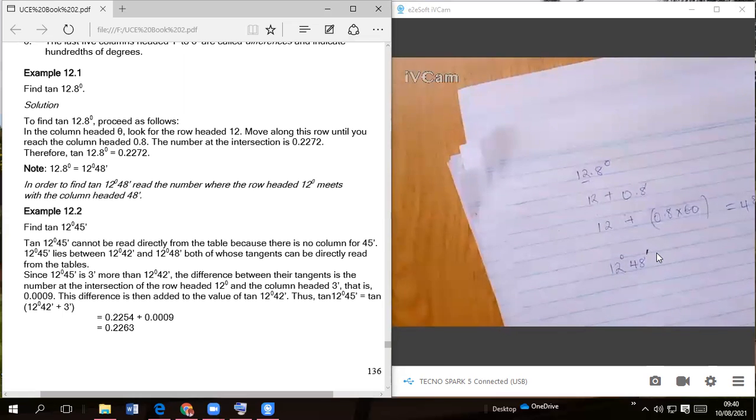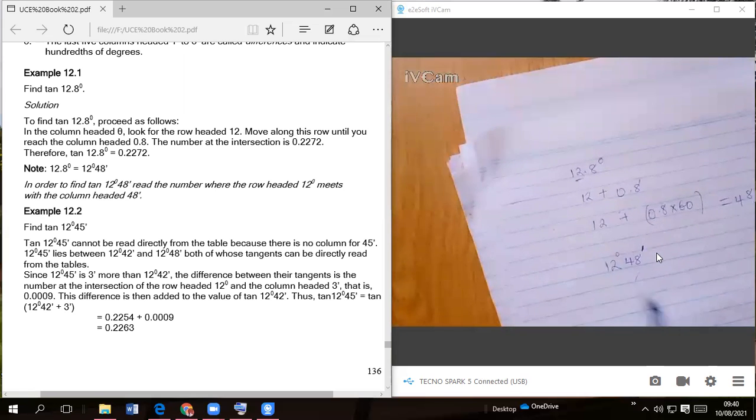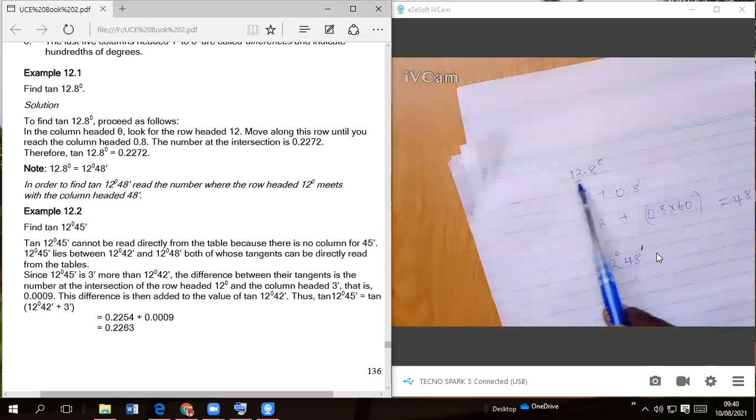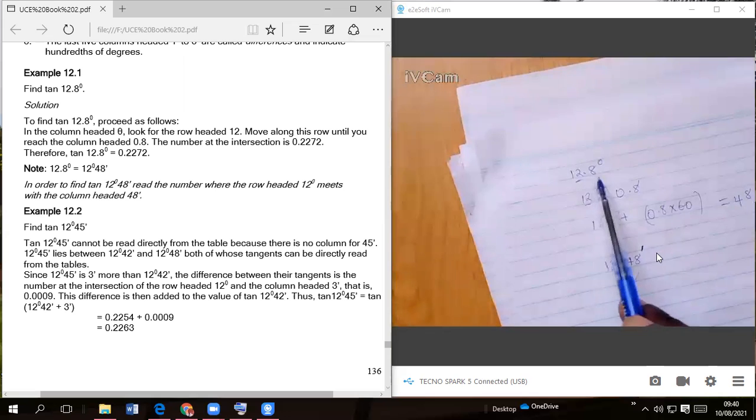Let me repeat that one for you. We want to change 12.8 to degrees and minutes. What we do is we separate the whole number alone, also the decimal alone. So 12 plus 0.8, you get 12.8.